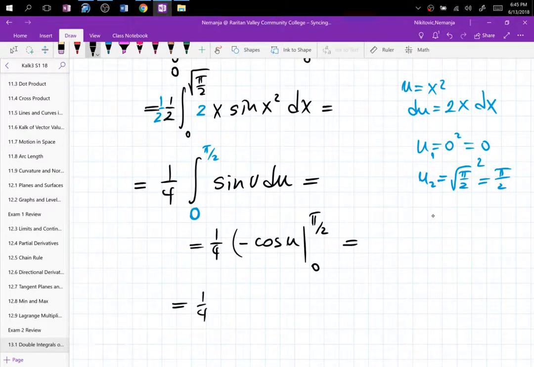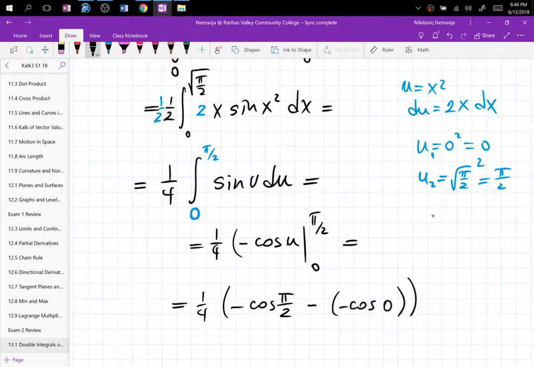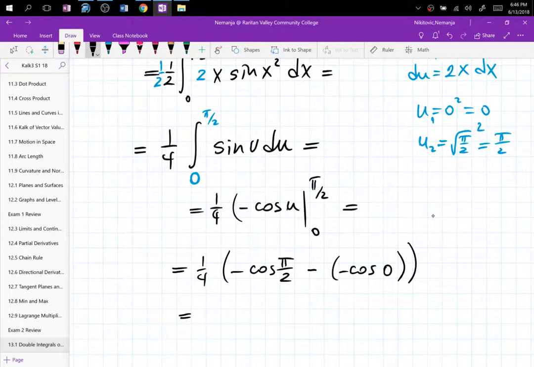So 1/4, we have negative cosine pi over 2 minus negative cosine of 0.